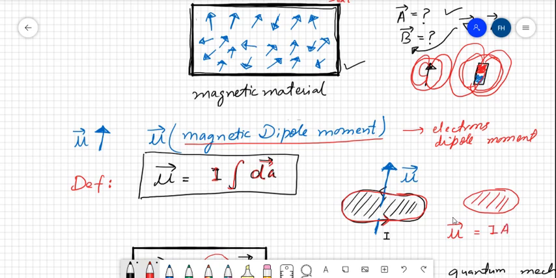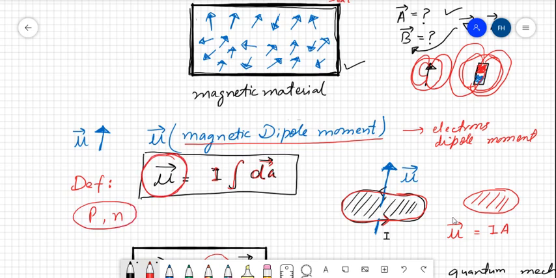But in this case, what we want to find is how this magnetic dipole moment is associated with the angular momentum of the electrons. Remember, here we'll be only discussing the dipole moments of electrons. Why not protons or neutrons? I will tell you later on.